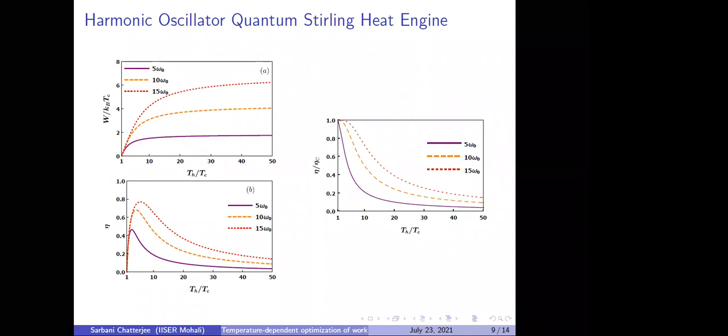Both these plots also include the effect of the frequency of the harmonic oscillator. Now, the extracted work is seen to increase from 0 and then becomes asymptotic in the high TH by TC limit. The efficiency, on the other hand, attains a maximum after going through a steep rise, but then gradually levels off asymptotically to 0.